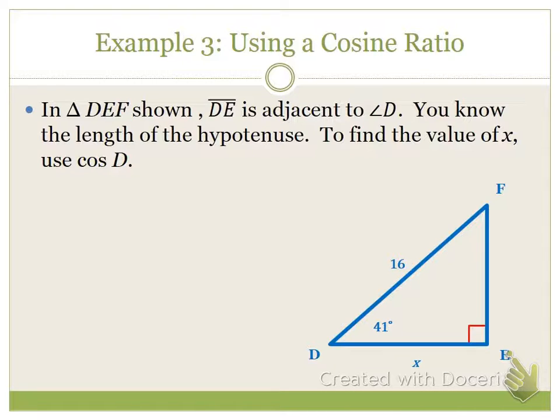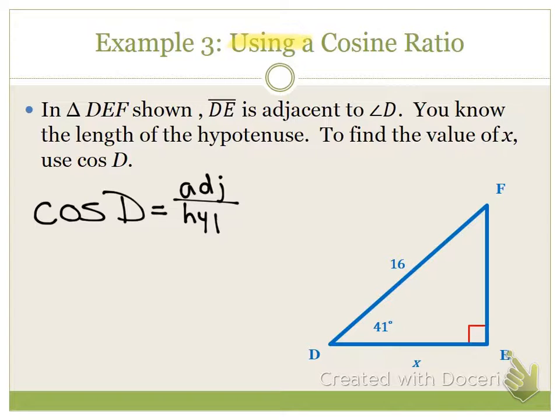So now that I know that, it's going to be cosine of D equals adjacent over hypotenuse. You don't actually have to write this part, but for me, visually, I like to see that. And then, did I have a value for cosine of D? Yes, 41. You really could just start there and say cosine of 41 equals, what is the adjacent value to 41?